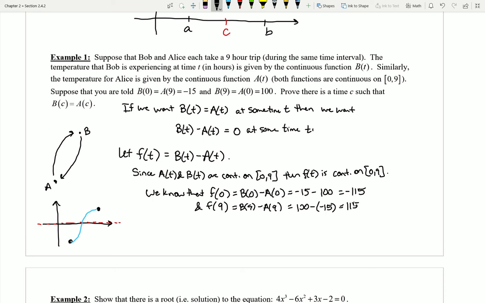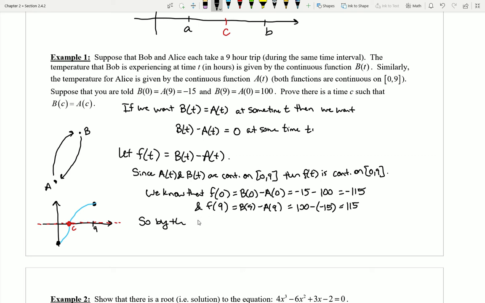So I can easily see that I'm going to get a point that's above. You can almost imagine that I could redraw this picture slightly. I have a point at 0, negative 115, and then at 9, positive 115. And since my function f is continuous, I know it has to cross somewhere, at some value of c. So here's how I can write my conclusion.